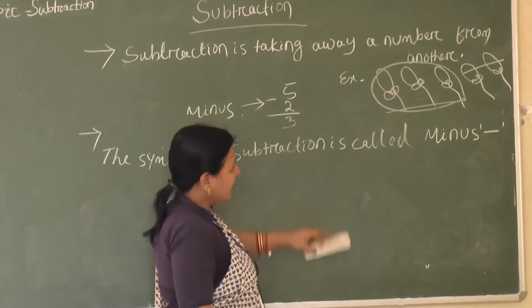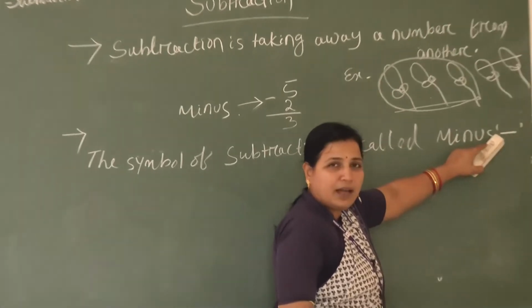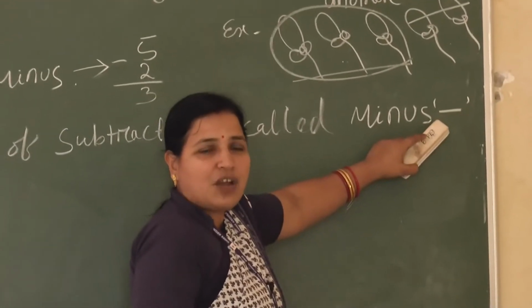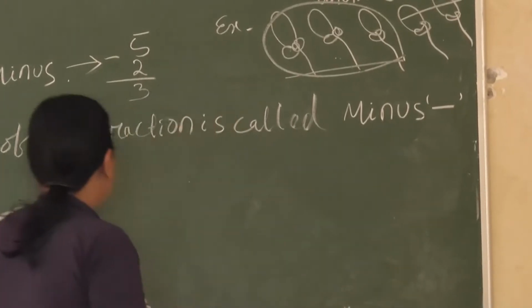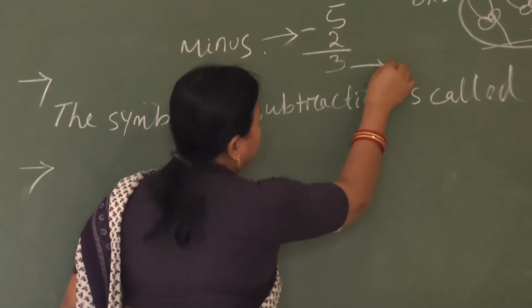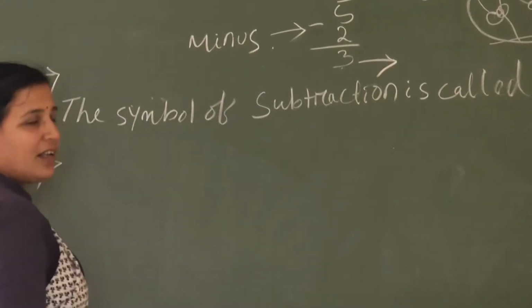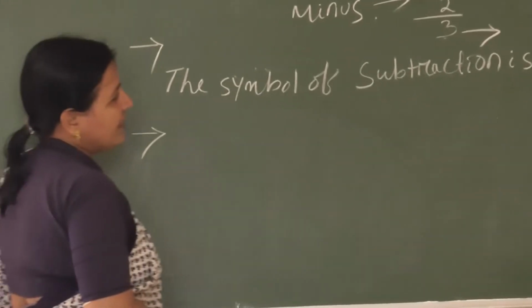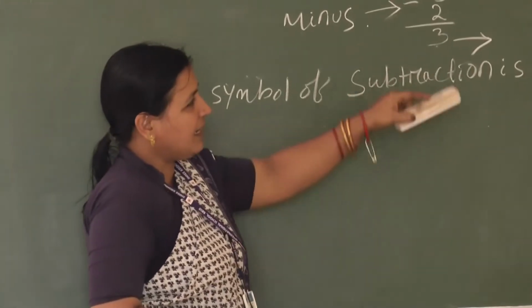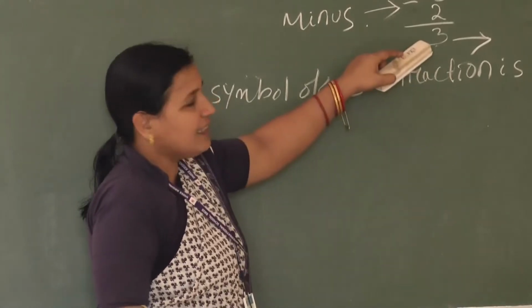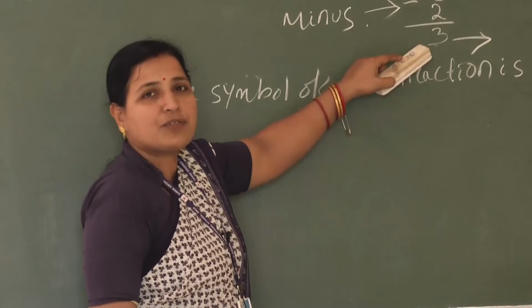How you identify subtraction? When this symbol is used, I know that this math is subtraction. Next, what is 3? Why have I written 3 here? The 3 is the result of subtraction. When Sita gives 2 balloons, after that the remaining part of the balloons is 3. So 3 is the result of subtraction.